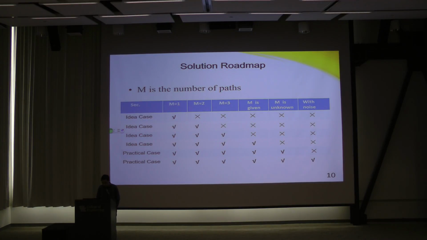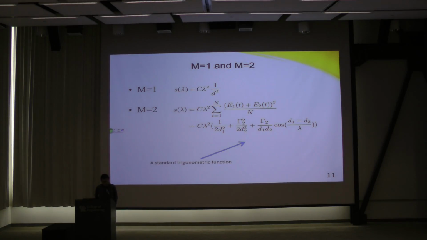Here, m is the number of paths. When m equals 1, there is only one path between the sender and the receiver, and we can easily get the line of sight path distance d from the Fourier equation, like here. Because there is no multipath effect, we can get this distance very quickly.